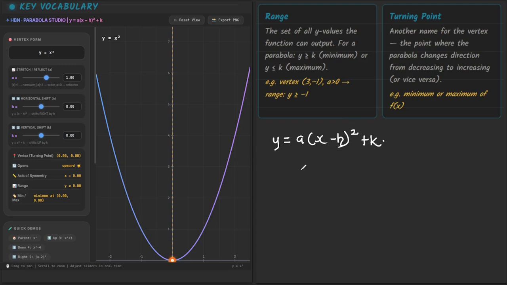And we said the vertex is simply what? The vertex is simply h, k, right? So this k over here is also the range. It is used to solve for the range of values of y.